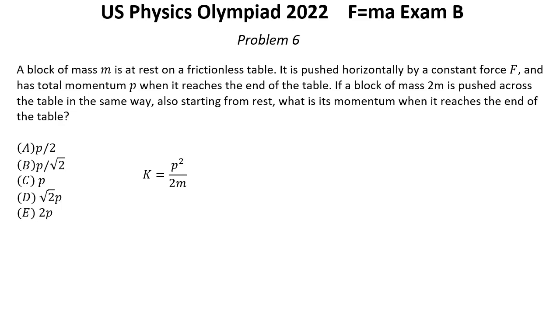It means that for constant kinetic energy, momentum must be proportional to the square root of mass. So the new momentum for mass 2m equals square root of 2 times P, which is answer D, and that was the solution for problem number 6.